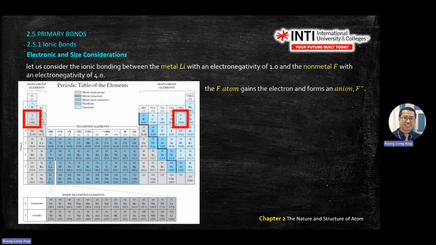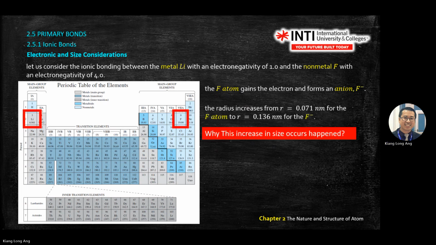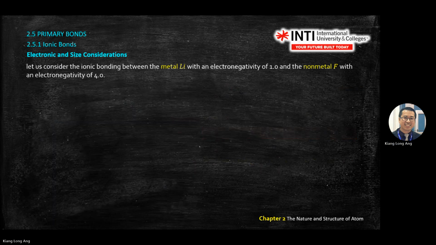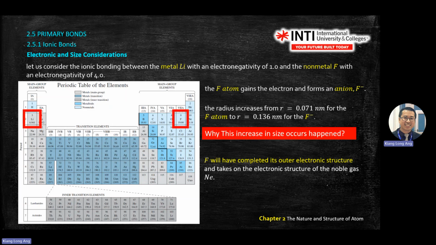Same with fluorine F, but it increases, and the explanation is the inverse of what happened to the Li just now. So it jumps to the form of noble gas Ne.